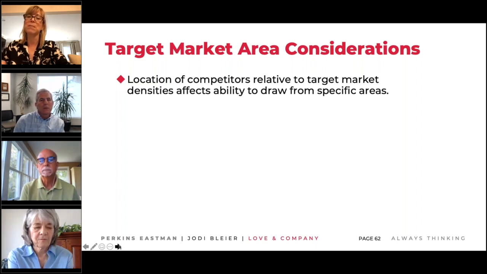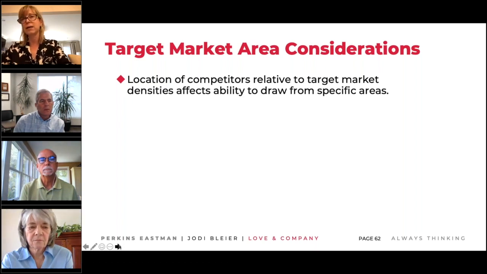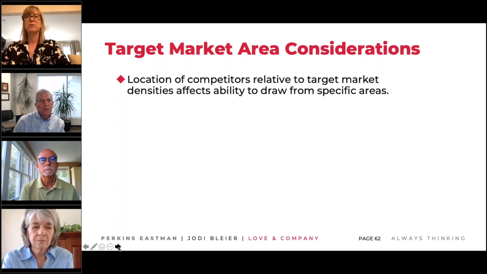But also think about, are there potential pockets of prospective residents that you might be missing because they don't fit into the definition of your primary market area? A 10-mile radius, 7 or 8 zip codes that you've traditionally drawn from.